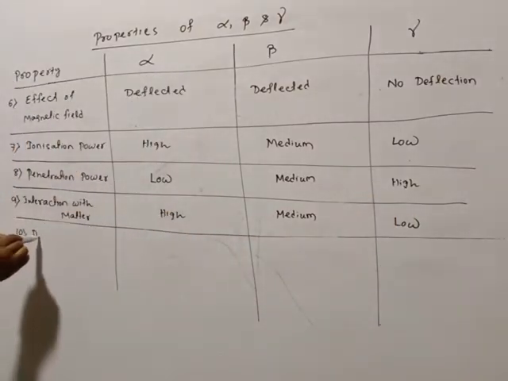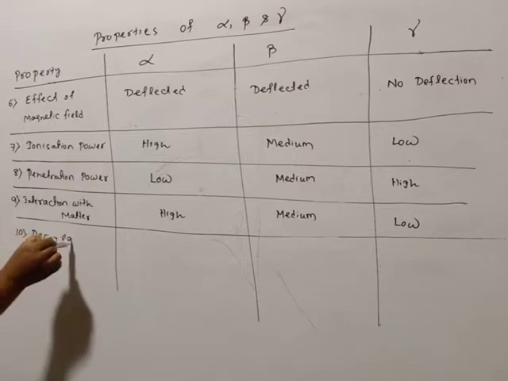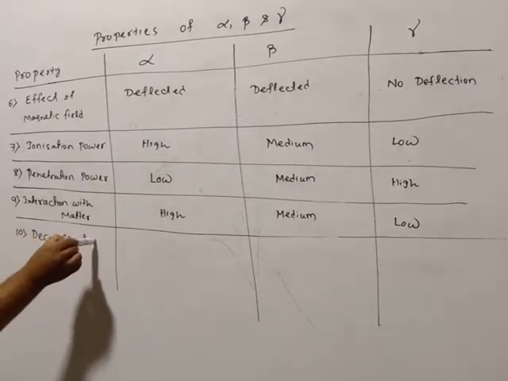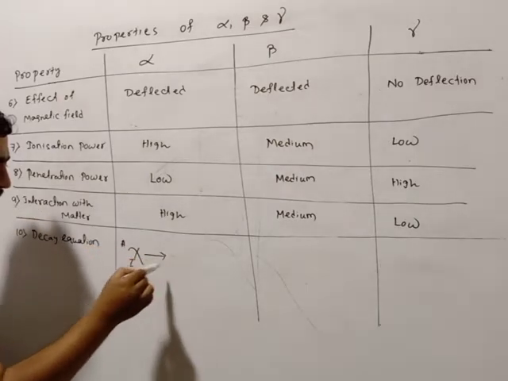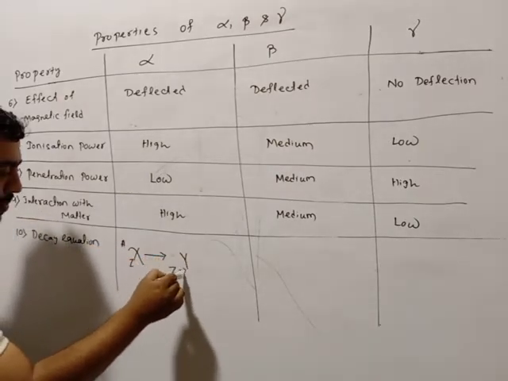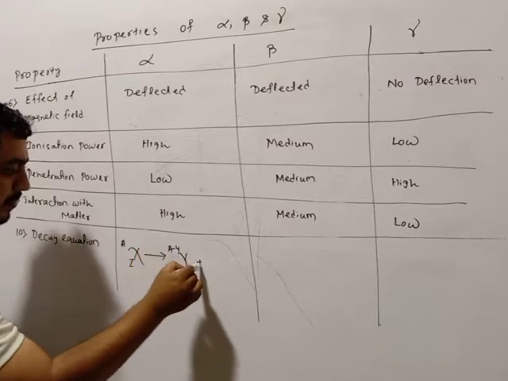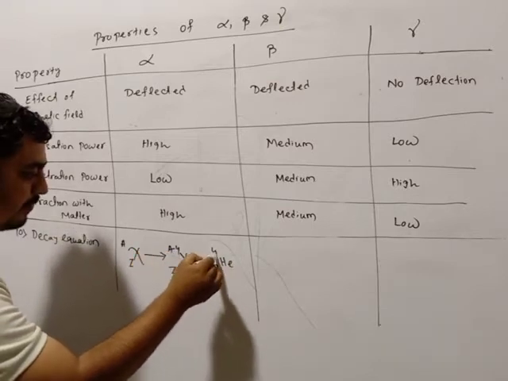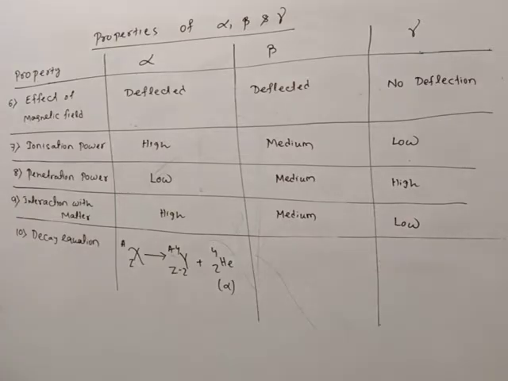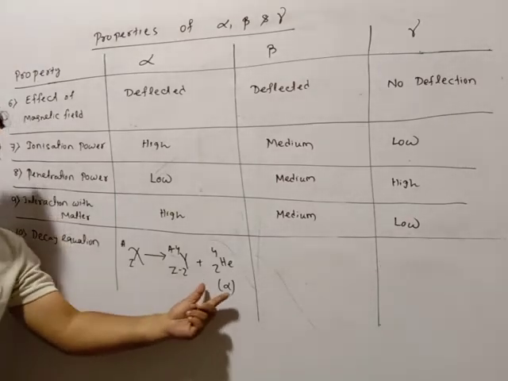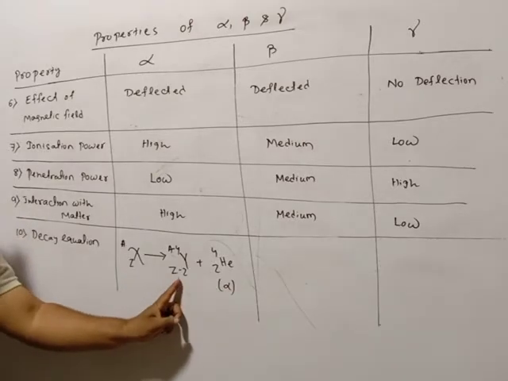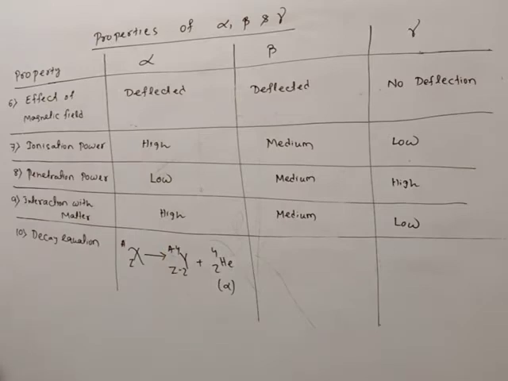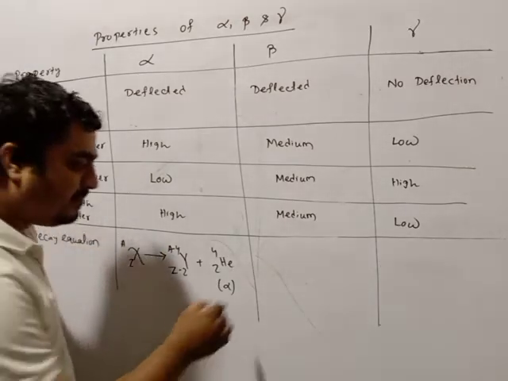The last one, decay equation. So, if a nucleus disintegrates by emitting an alpha particle, then its atomic number decreases by 2 units and mass number decreases by 4 units.